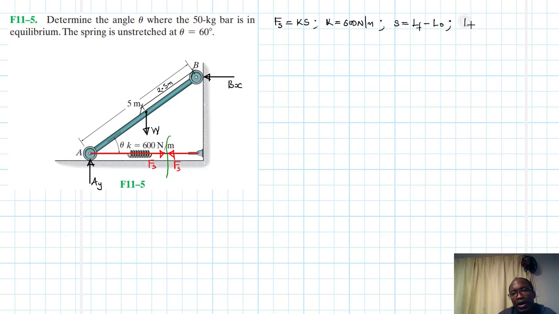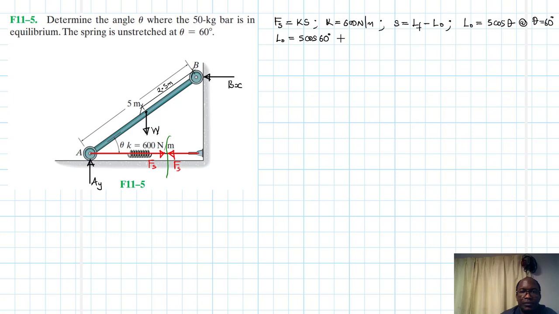Therefore the unstretched length is just going to be equal to the length of the bar, which is 5 cos theta at theta equal to 60 degrees. Therefore L naught is just going to be equal to 5 cos 60 degrees.